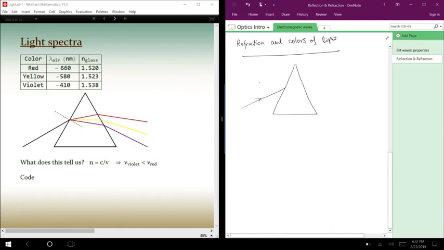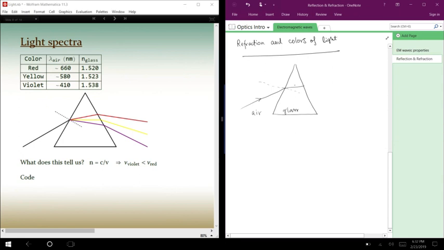And let's say this is just a monochromatic ray of light, which means it has only one color. Let's say it's the color red. So after incidence, after this ray of light enters into glass, because glass is a denser medium, so this is air, that's glass. What's going to happen to the ray of light? Well, it's probably going to move toward the normal because glass is denser. So it's going to move toward the normal like this.